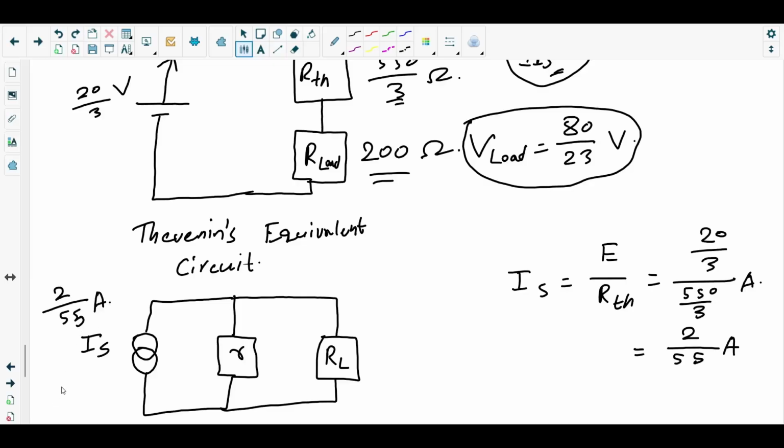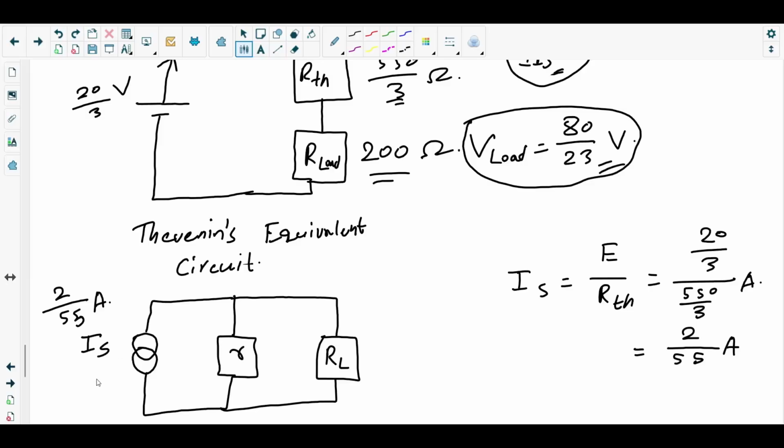Since the circuit is in parallel, the PD across all the components is the same, and we know that the PD will not change, right? We got the PD across the load resistor, 80 over 23.